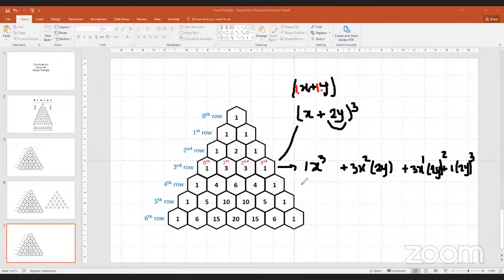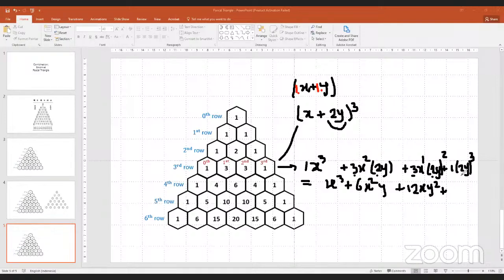So it's basically x to the power 3, and then 6, so that is these two: 6x squared y plus 3 times 2 squared, so that is 12 x y squared.